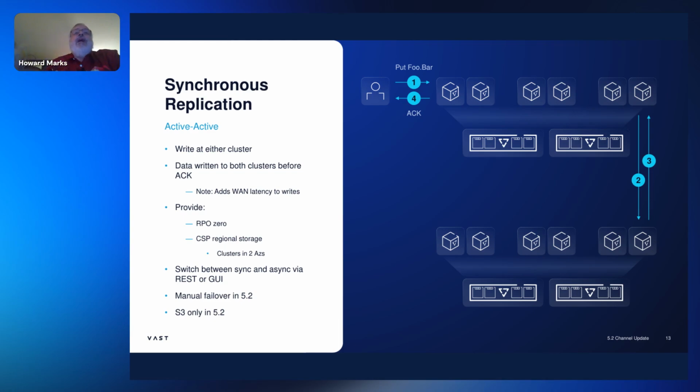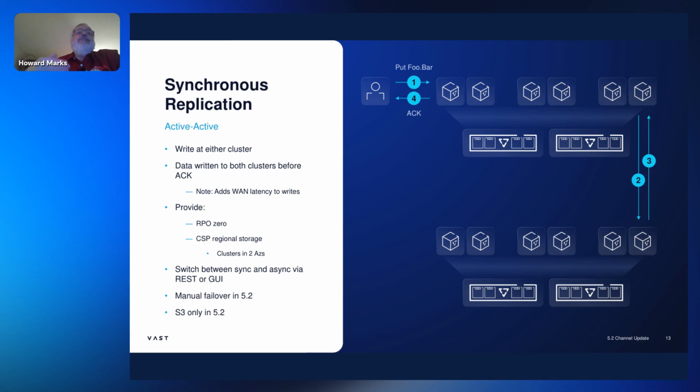So by the time that the application has received its ACK, all the data is safe on two clusters. And if an asteroid falls out of the sky and turns your primary data center into a crater, your data is safe in your secondary data center.